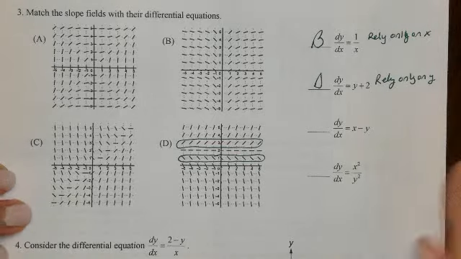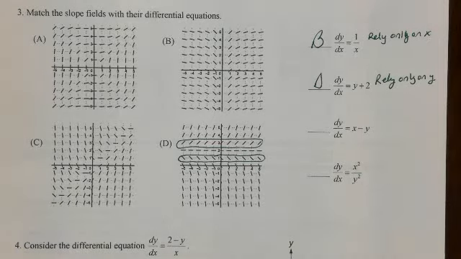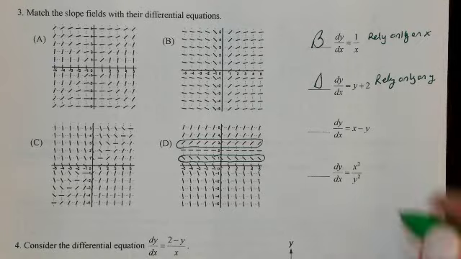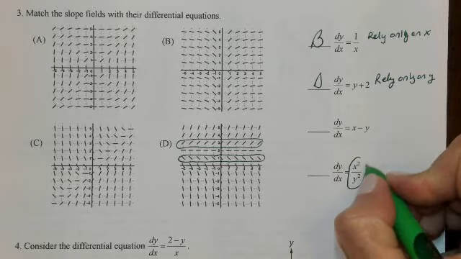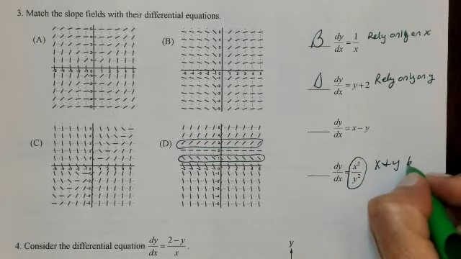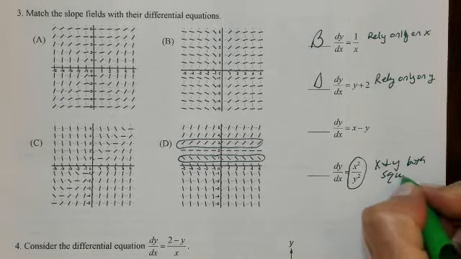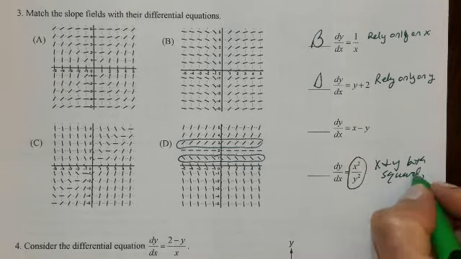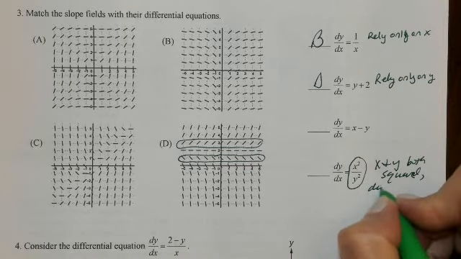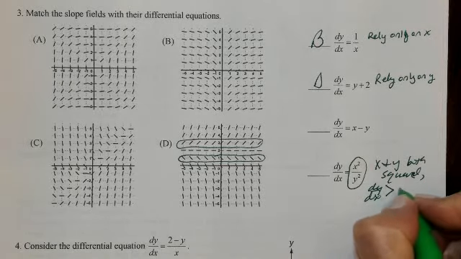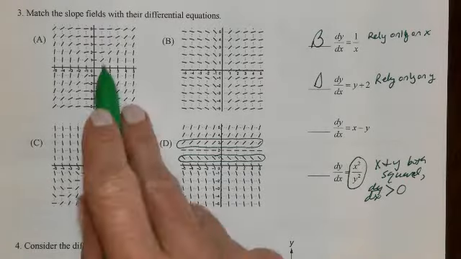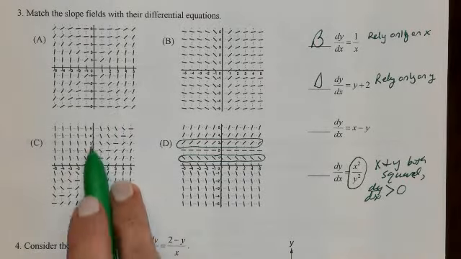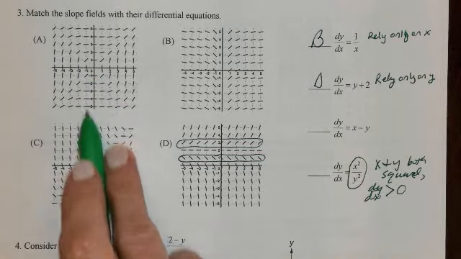Okay? Now over here, let's see, what would I do? Here's what I would do. For this one here, I see that x and y are both squared. So dy/dx is always positive. The slopes are always positive. So here, I want the one with always positive slopes.